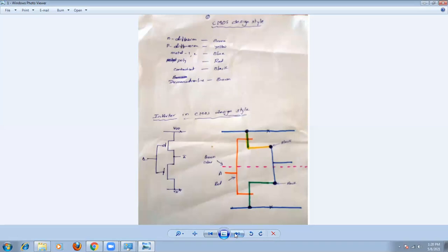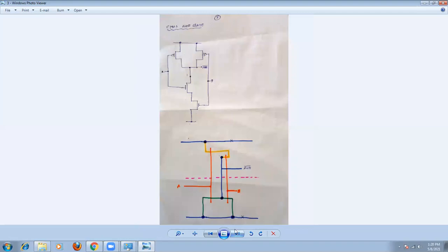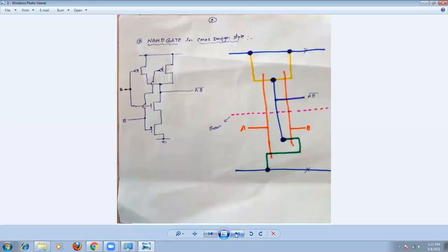Next, we can go for the NAND gate in CMOS design style. First draw the schematic. Already we discussed the schematic here.